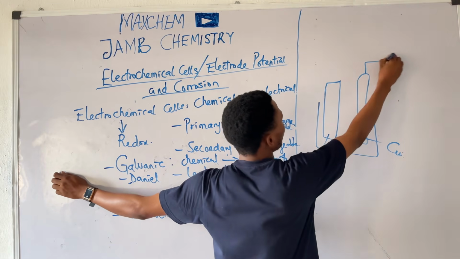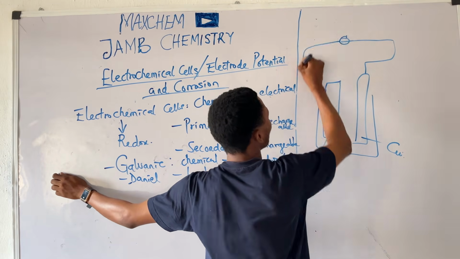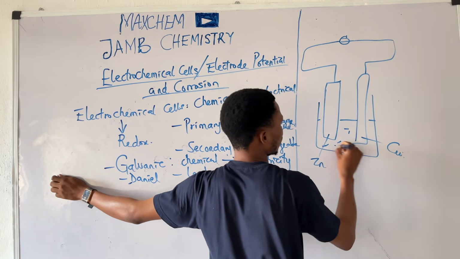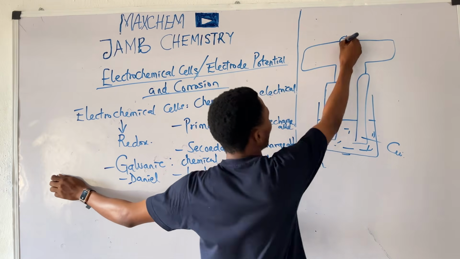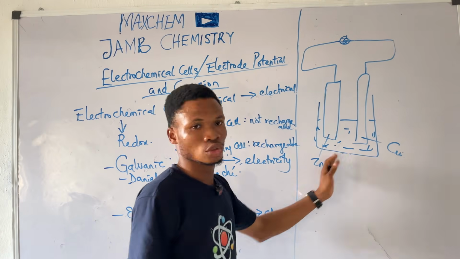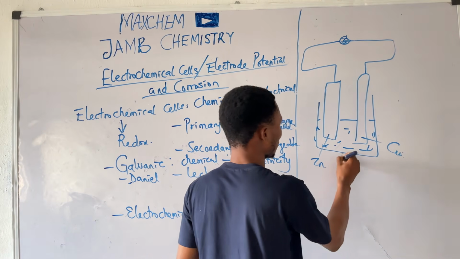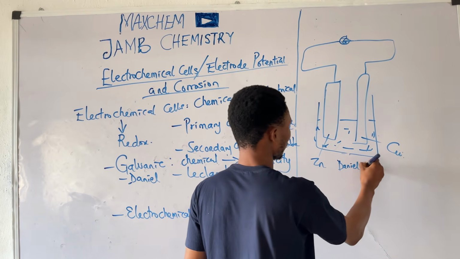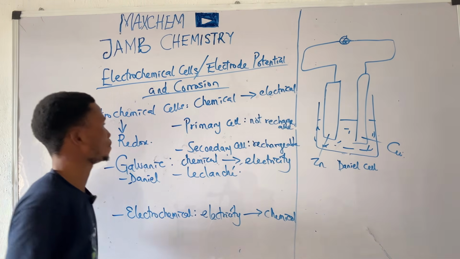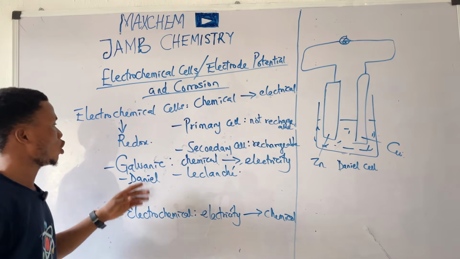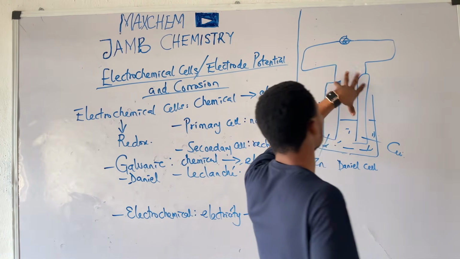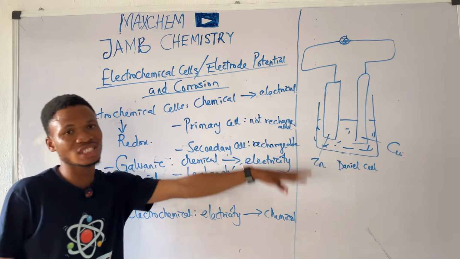This can be connected to a galvanometer, for example. This is an example of Daniel cell, where you have the zinc and the copper. So in the galvanic cell, we are using the chemical reaction to produce electricity.